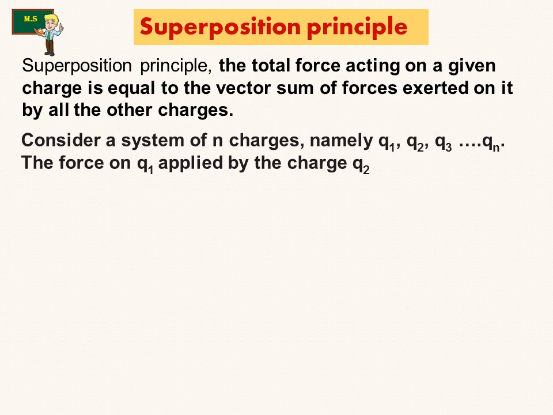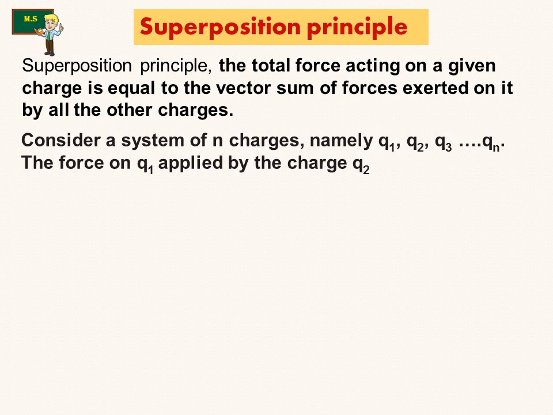According to this, the superposition principle states that the total force acting on a given charge is equal to the vector sum of forces exerted on it by all other charges.